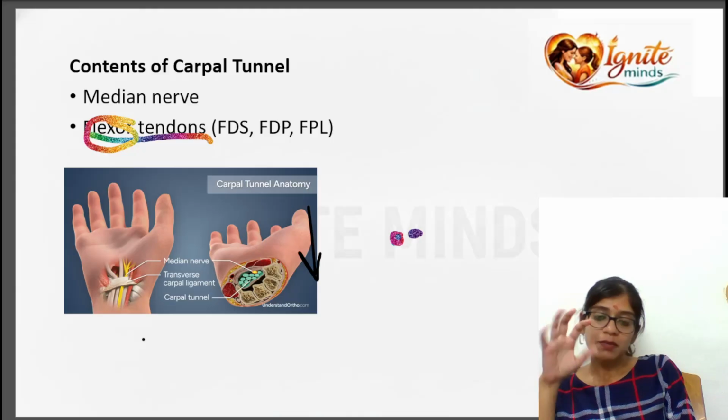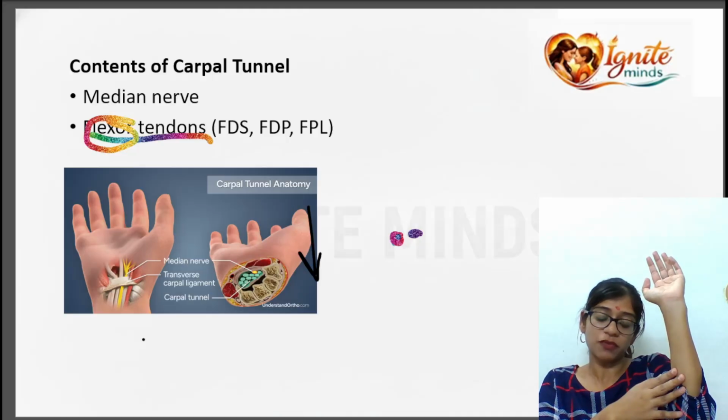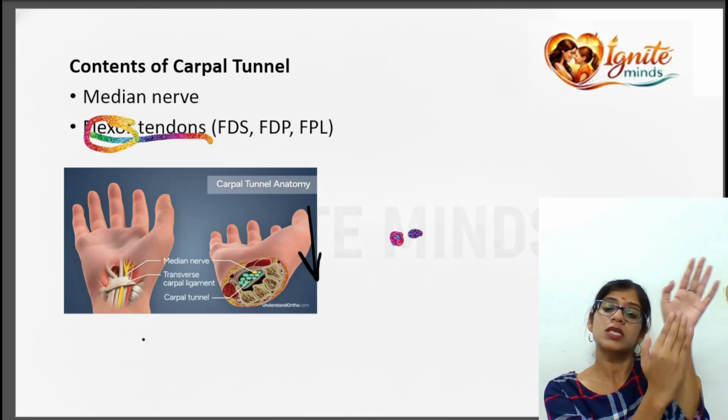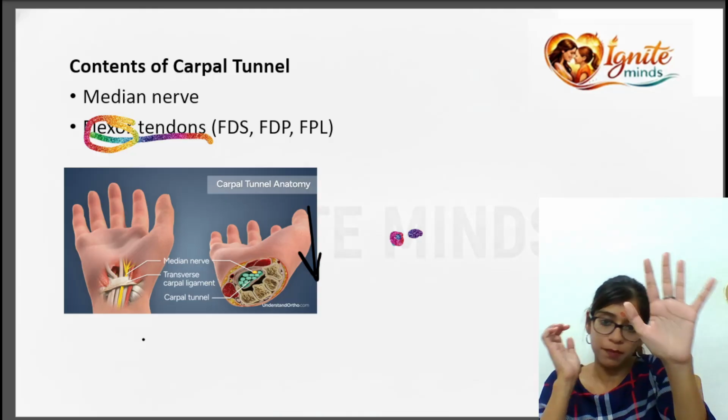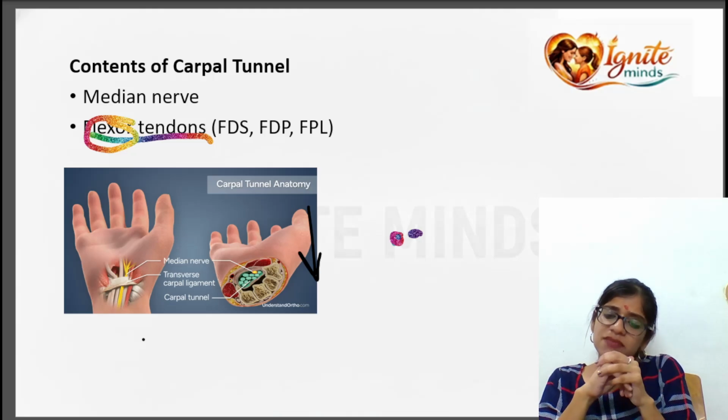These muscles are here in the anterior compartment of the forearm, and the tendons are passing through this carpal tunnel towards the palm. Now, why are they called flexor muscles?